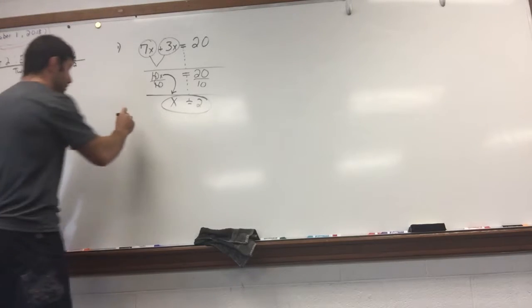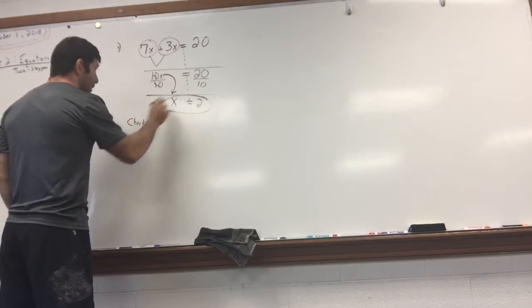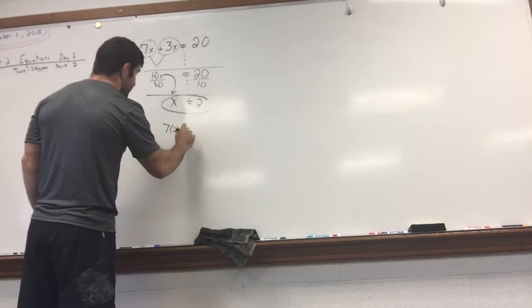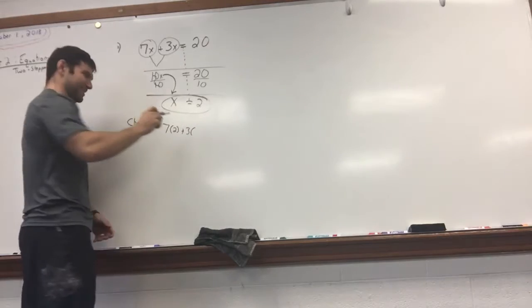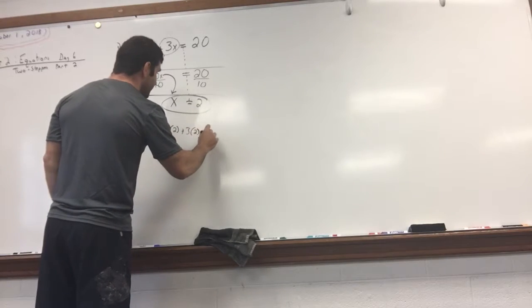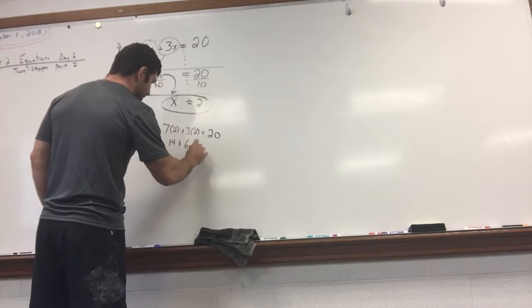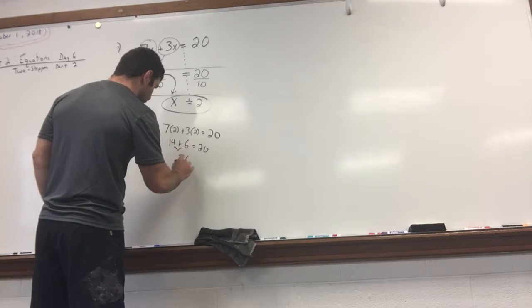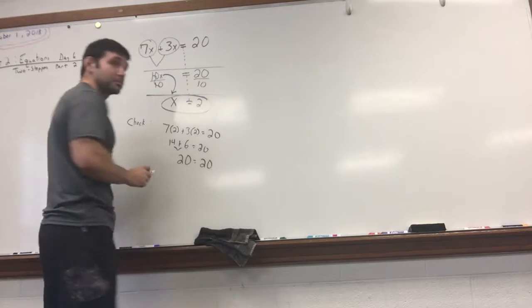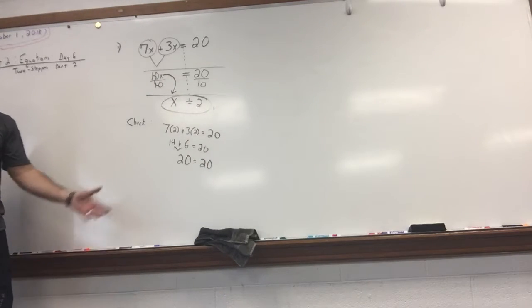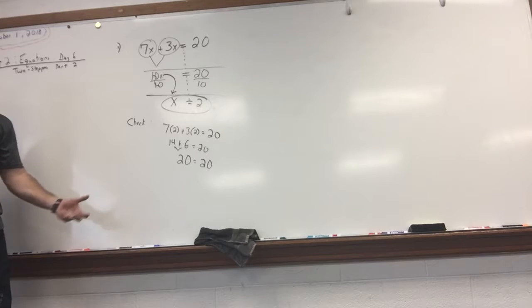Substitute it back in. So to check it, my x is 2. 7 times 2 plus 3 times 2 equals 20. 7 times 2 is 14, plus 6 equals 20. Does 20 equal 20? Then that is a good answer. Does that make sense? You're just combining like terms, right?